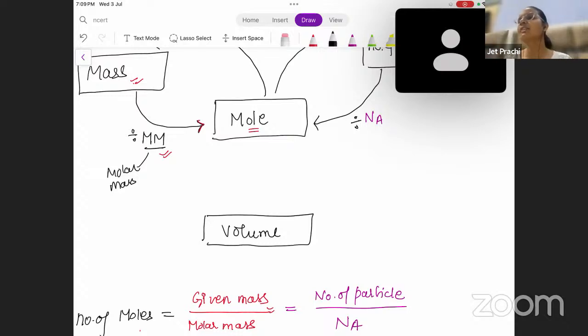So let's suppose the volume is given to you and you want to go to the number of moles, then in that case you have to divide it by 22.4. And if you are given the number of moles, then you have to multiply it by 22.4.